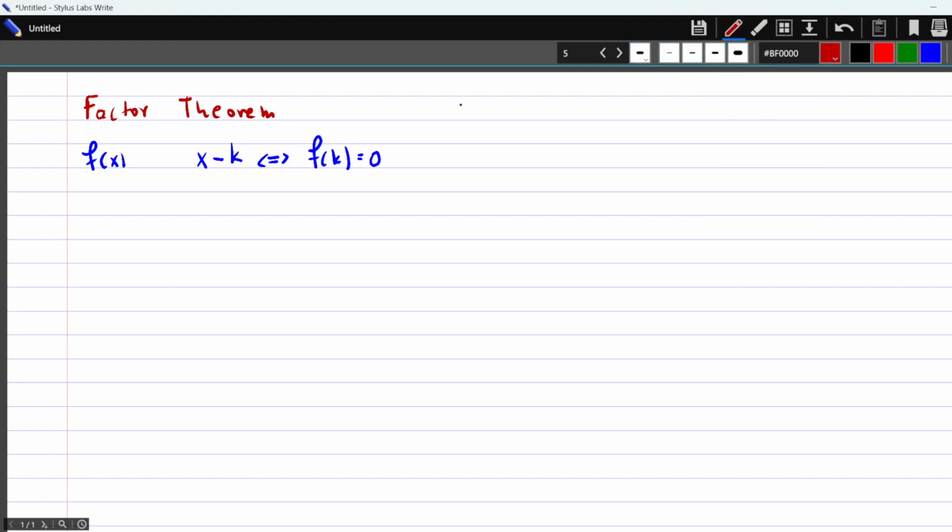And the other theorem we will need is the integral root theorem, which states that for a polynomial f of x with integer coefficients, if k that is not 0 is a root of the equation f of x equals 0, then this k is a divisor of the constant term.